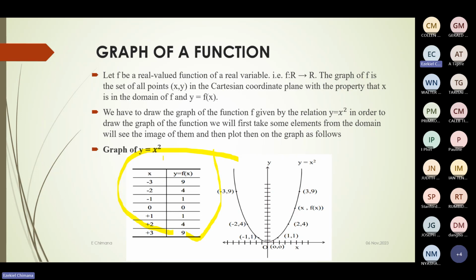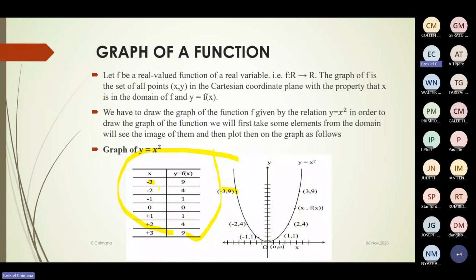So if you want to draw a function, given y equals f of x, what you want to do is define a range of values of x, and then plug those values in. You get every value of y for every value of x, and then you plot those values. Like here, you are given y equals x squared. So if you put -3 here, you get what? -3 squared, you get 9.